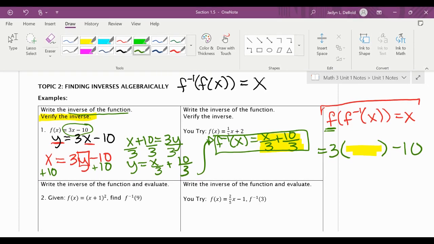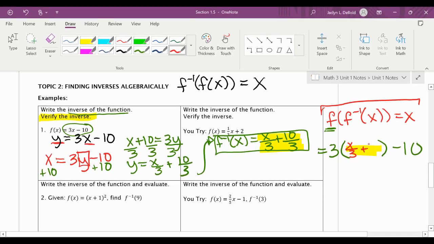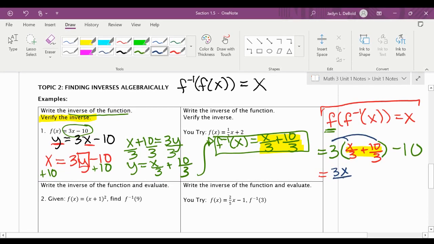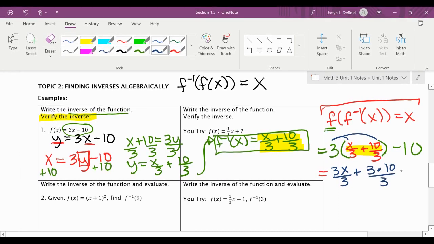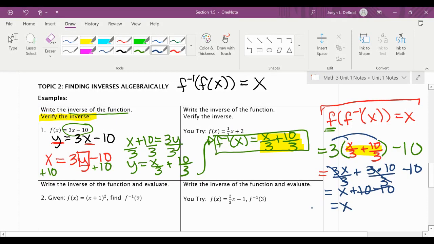So we get x over 3 plus 10 thirds, and we're going to simplify it out. So 3x over 3 plus 3 times 10 over 3 minus 10. These cancel out, so x plus 10 minus 10, and then we just get x.